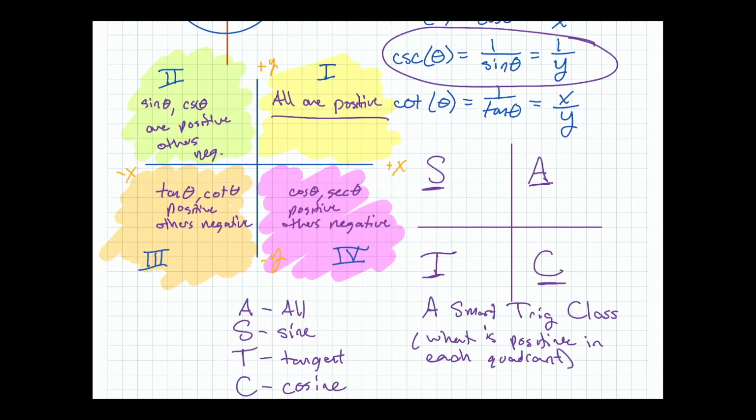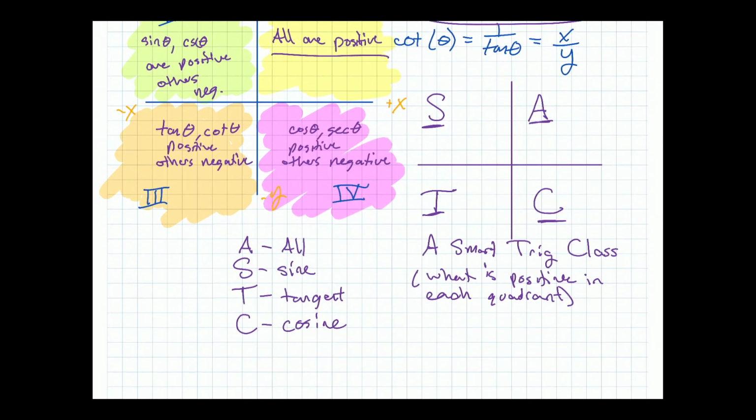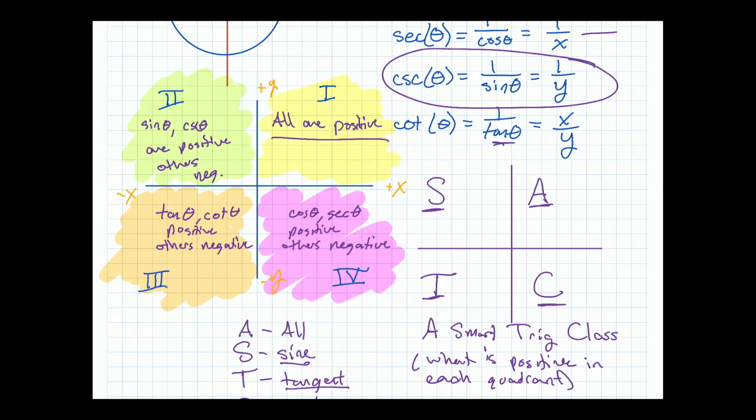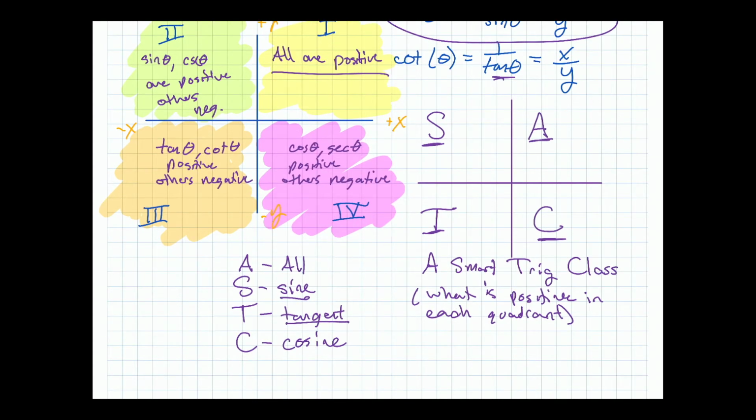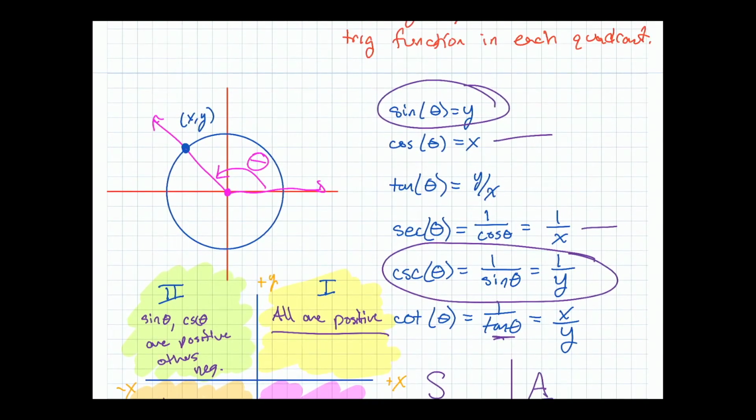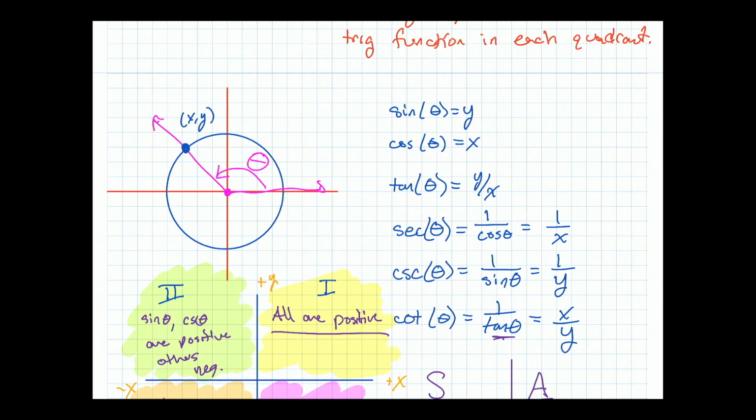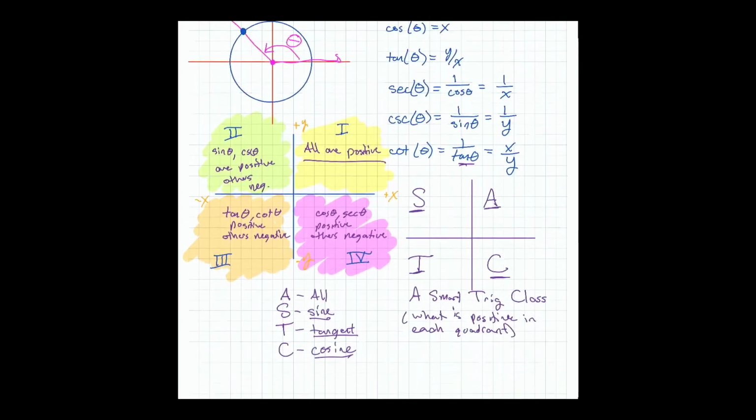So if they tell you the sine is positive, you're supposed to know that the cosecant is positive as well. And same thing in quadrant 3. The tangent's positive, but so is the cotangent, because the cotangent is just 1 over the tangent. And same thing for quadrant 4. The cosine's positive, but so is the secant, because the secant is 1 over the cosine. Okay, so you should know that.